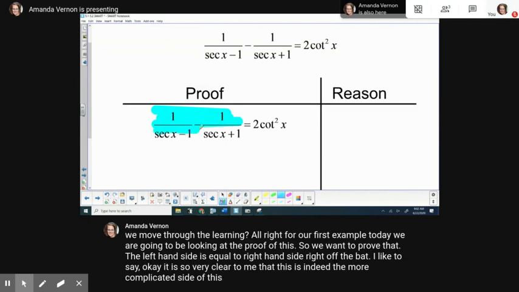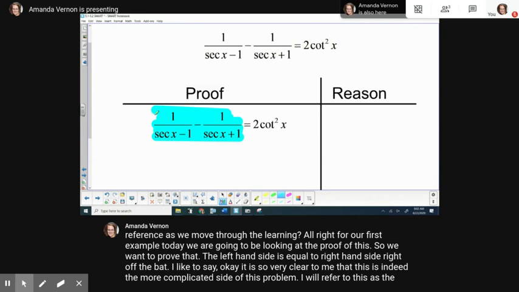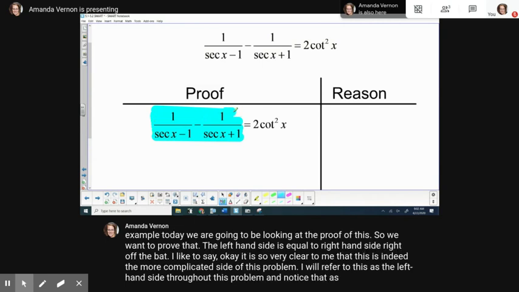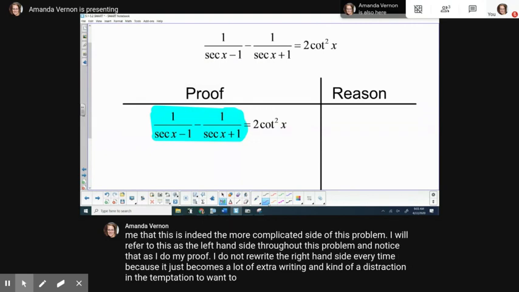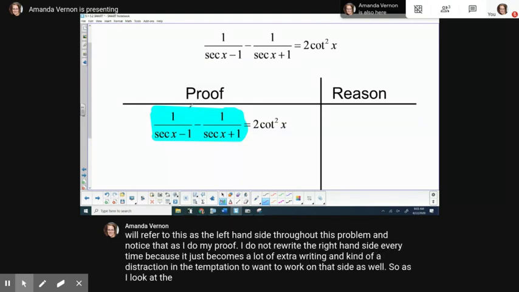I will refer to this as the left-hand side throughout this problem. And notice that as I do my proof, I do not rewrite the right-hand side every time because it becomes a lot of extra writing and a distraction and a temptation to want to work on that side as well.